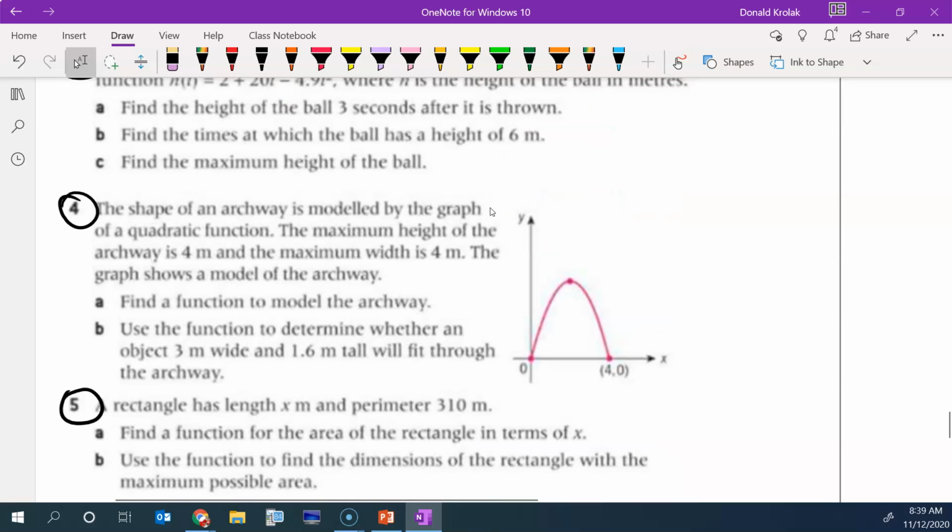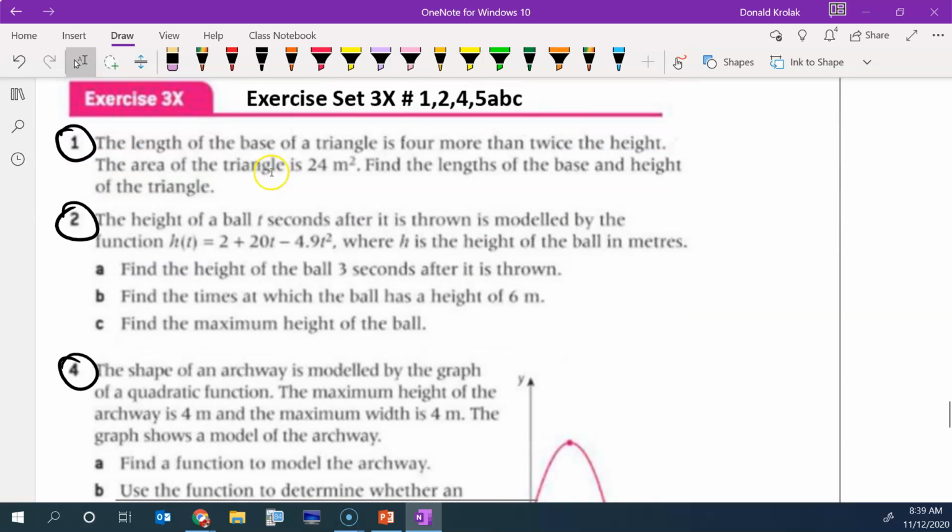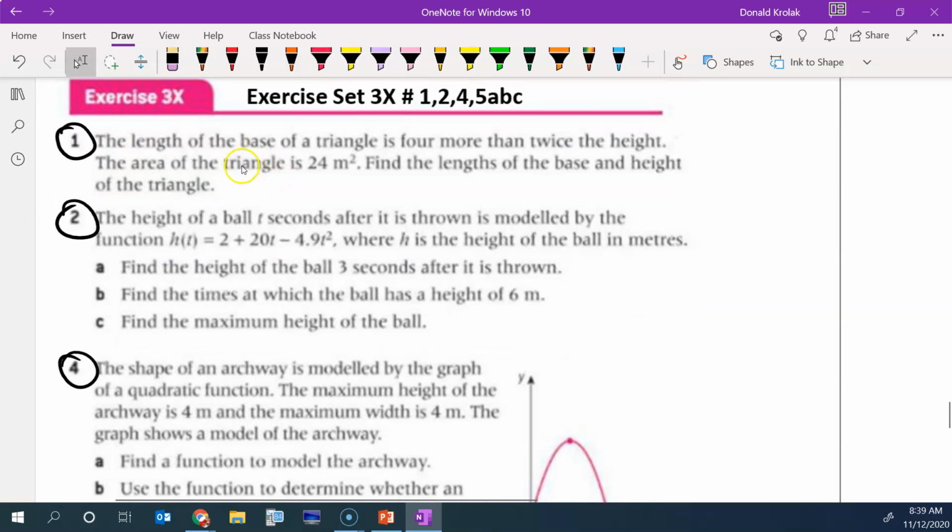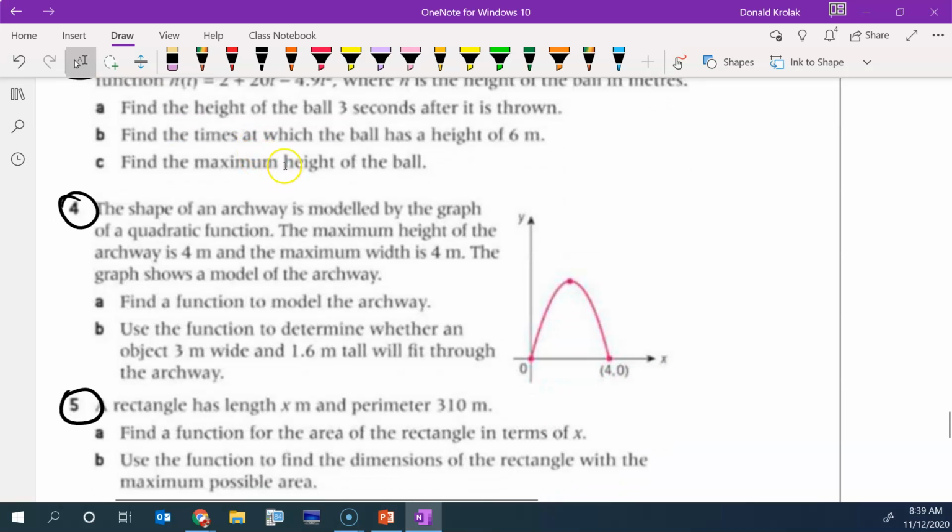Okay, 4 is just like what we did today. All right, so you got time today to work on this if you haven't done it already. And I'm going to work on grades.